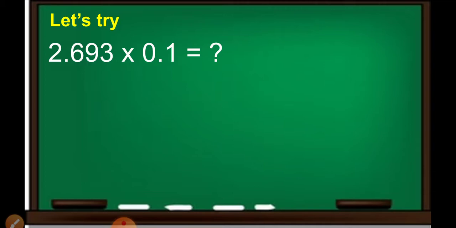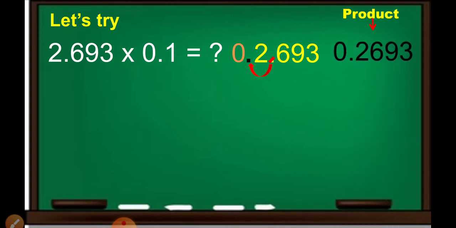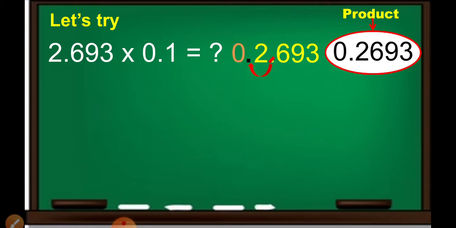So we will move the decimal point of 2.693 to the left one time. Then transfer the decimal point. Then cancel the given decimal point and put 0 in the ones place. And the final answer is 0.2693 or 2,693 ten-thousandths.